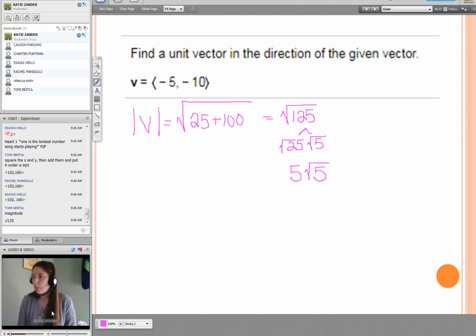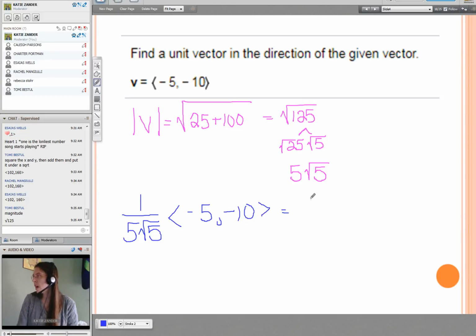All right, so when we simplify that radical of the square root of 125, I can break that down into 25 times 5. Square root of 25 is 5, and I've got the square root of 5 left over there. All right, to find the unit vector, don't forget we're going to multiply 1 over 5 times the square root of 5 through our vector v.